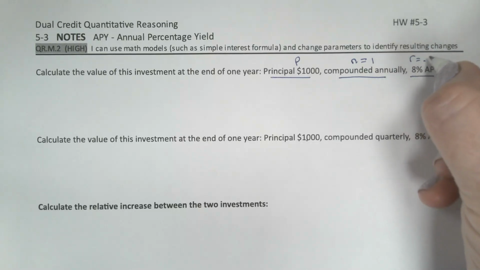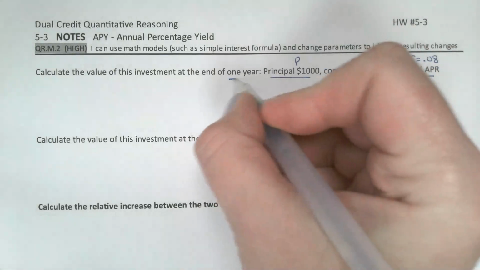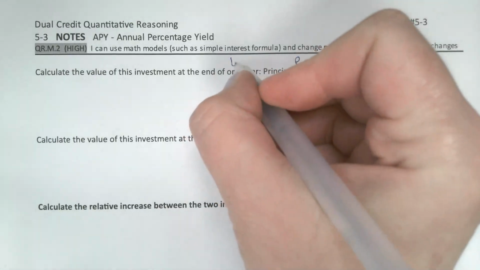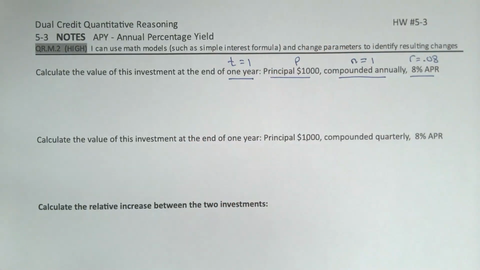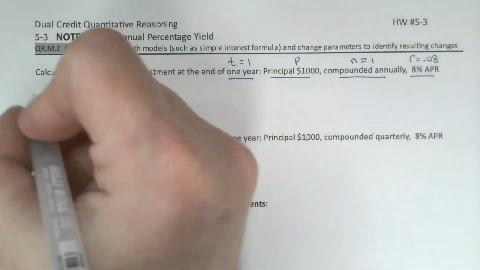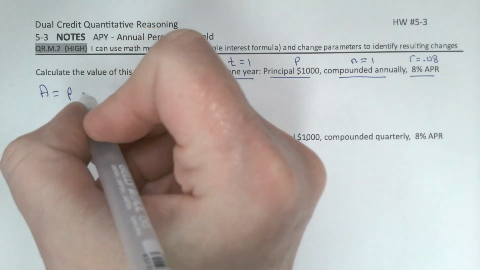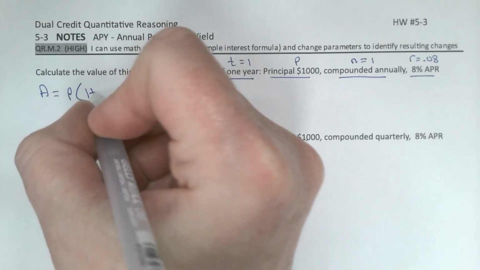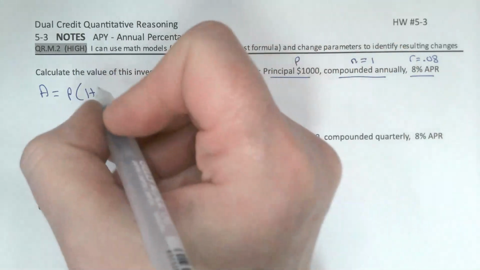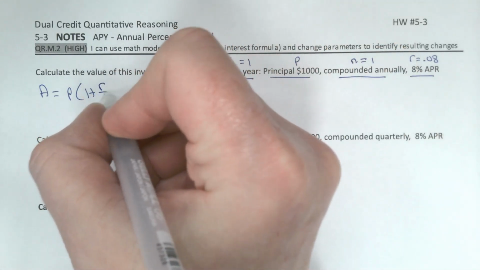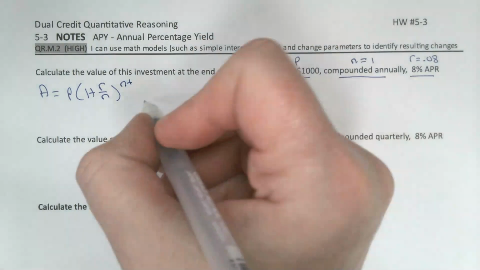So the rate is 0.08, and this said at the end of 1 year, so therefore I know that T is 1. So I'm just using my compound formula that we did last week. A equals P, 1 plus R divided by N to the exponent of NT.